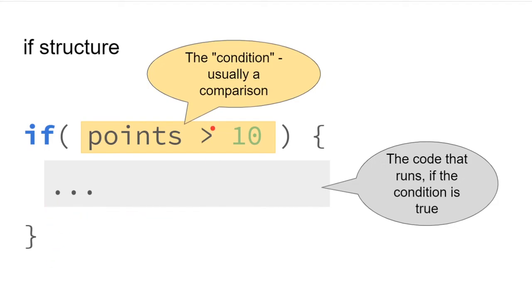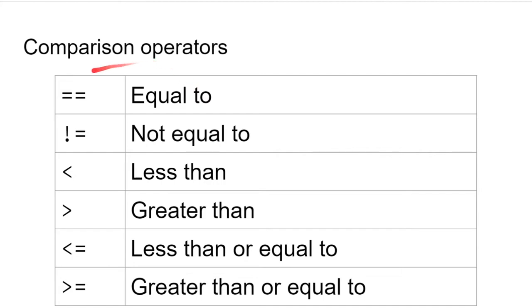But the comparisons are these. We could test if something is equal to. Remember, two equal signs tests if it is equal to. Having just one sets it equal to, and we don't want to do that in an if statement. We can ask if something is not equal to by the exclamation point and equal sign.